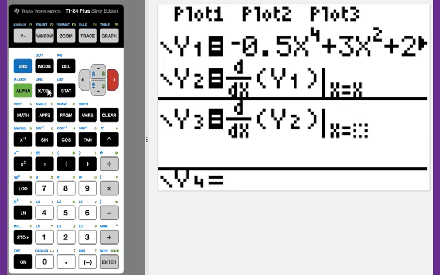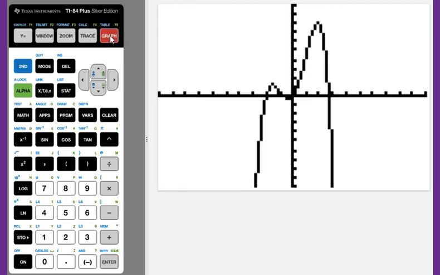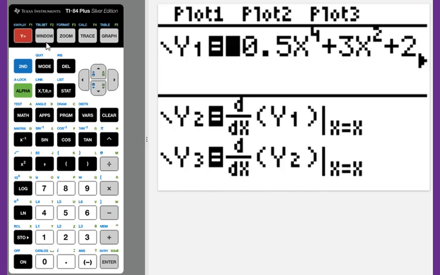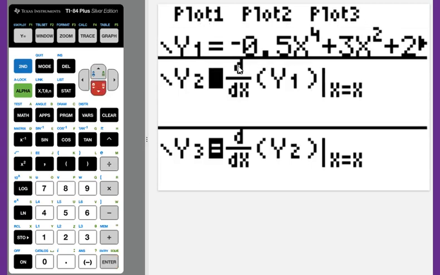Then this is x. If you go to graph, you will see 3 graphs. It's hard for us to decide which one is which. Therefore, we go back to y equals. You can clear this equal, then enter. Then the graph won't show y1 and y2, only y3.